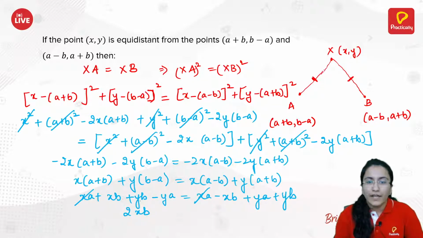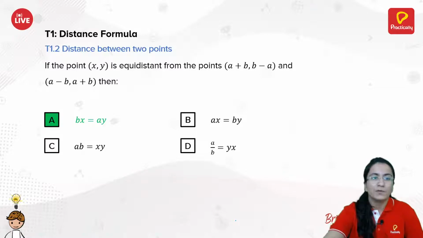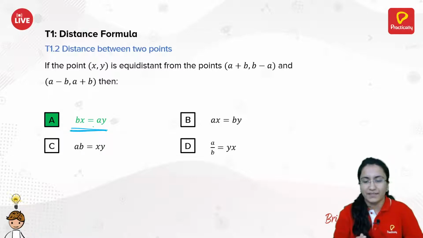And yb is common, so cancel it. Take ya to the other side, so this will be twice ya. Cancel this 2, and you will have xb equals ya. This looks quite similar to the options given to you. That means xb equals ay. This is the required option, the first one.